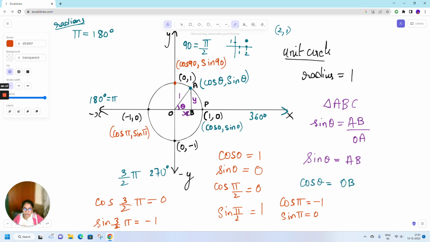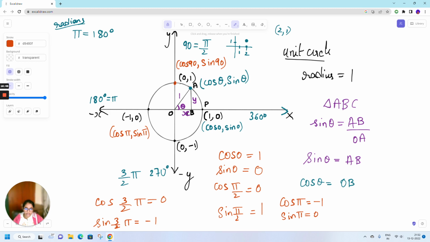Next, I told you the concept of radians, that is, pi is equal to 180 degree. So 90 degree would be pi by 2, 180 is pi, and 270 would be 3 by 2 pi. At any point on this unit circle, the coordinate points are cos theta, sin theta.